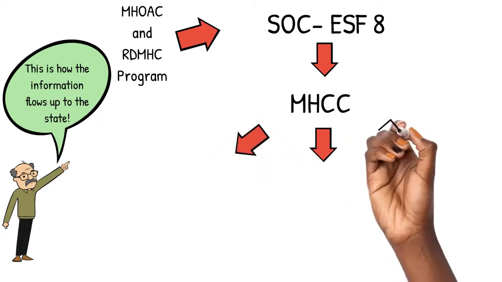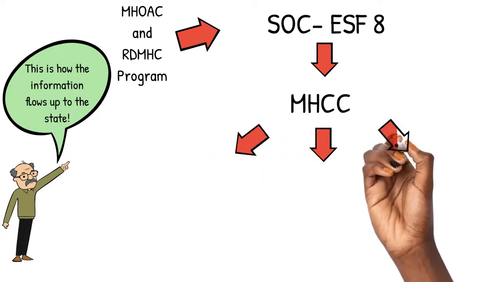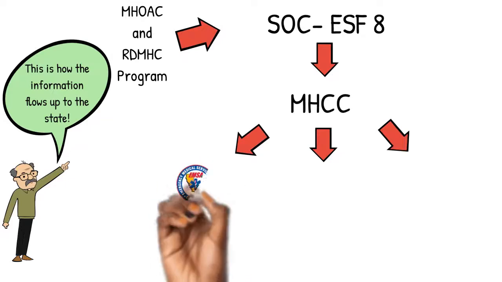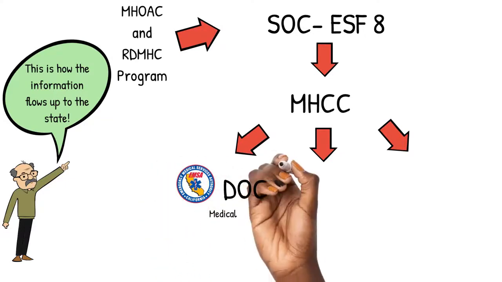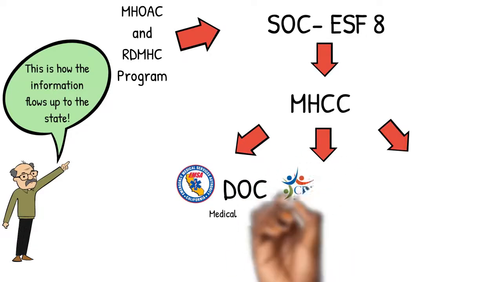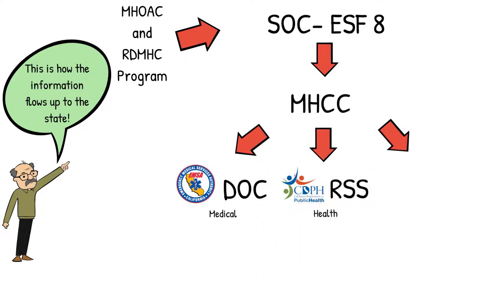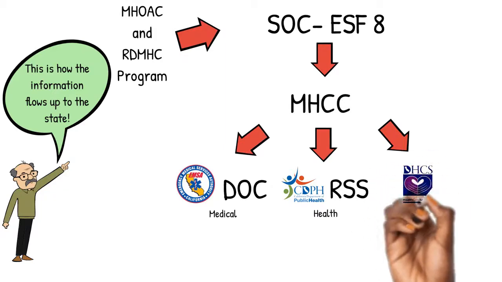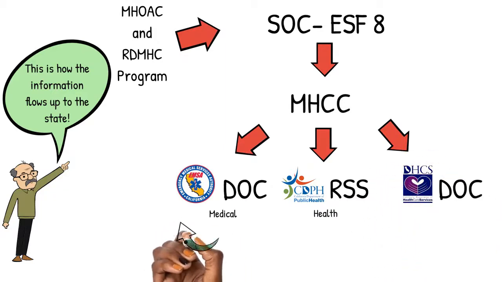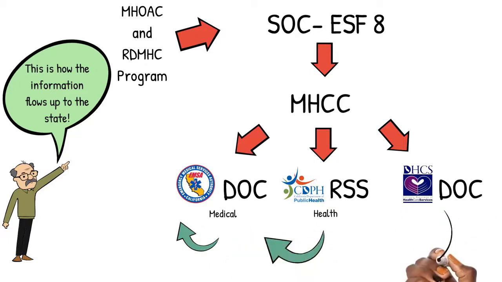The Med Health Desk triages that information, figures out the best place to route it, and then works with the Medical Health Coordination Center, or the MHCC, to verify, assess, and collect it. Lastly, the MHCC works with 3 separate department operations centers, or sub-operation centers, to disseminate that information: the EMSA DOC, the CDPH RSS, and the DHCS DOC, which does behavioral health.